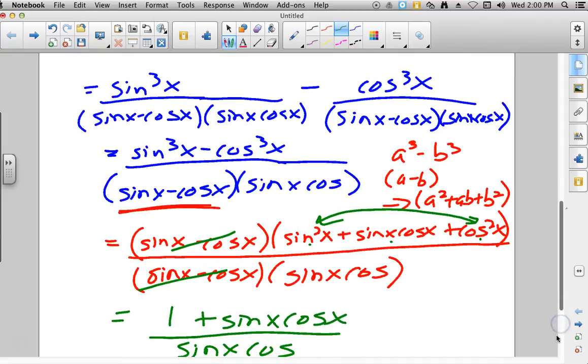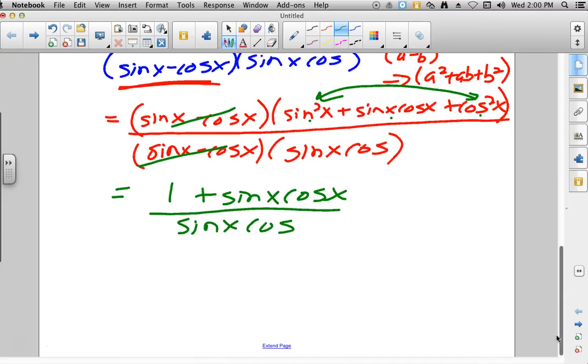So we are now at the point, once we made that denominator match, where we can go ahead and use the educated cheat backwards. So if we have 1 plus sine of x cosine x, well, 1 divided by this is going to be 1 over the sine of x cosine of x, plus this divided by this, which is 1.